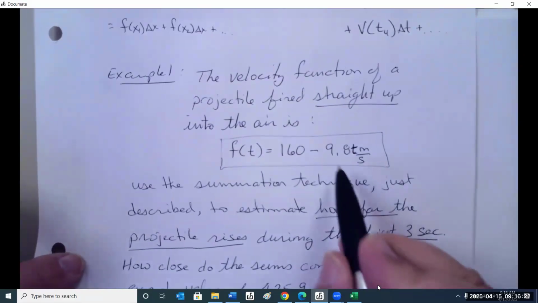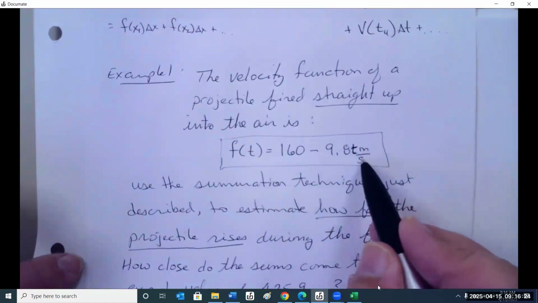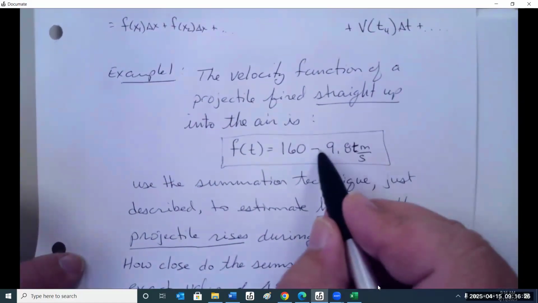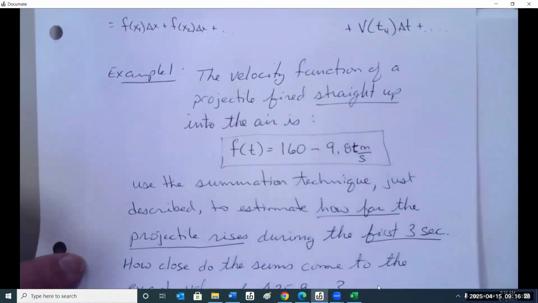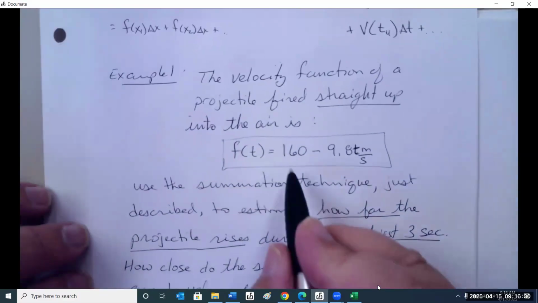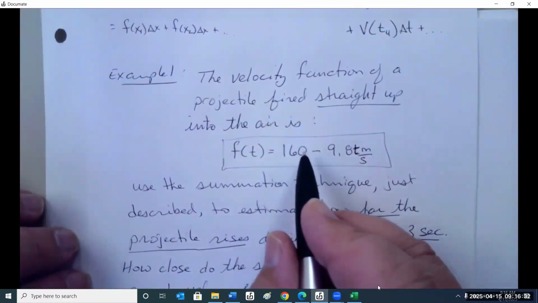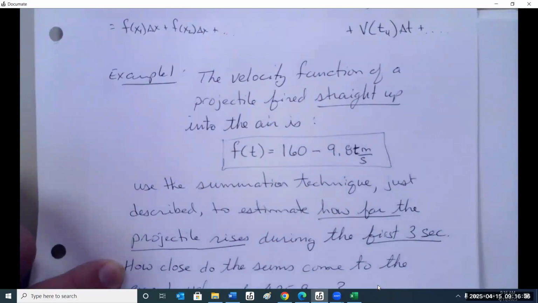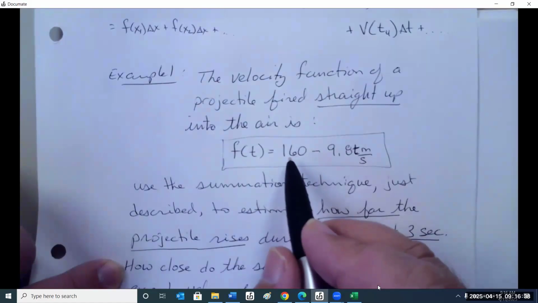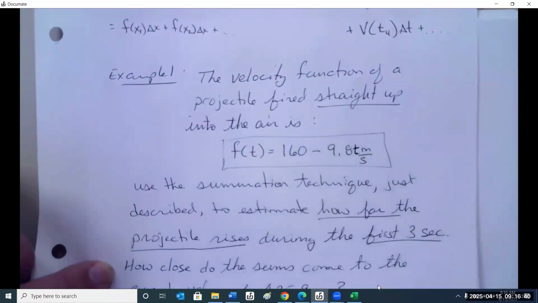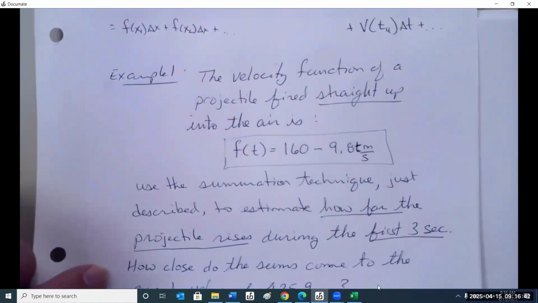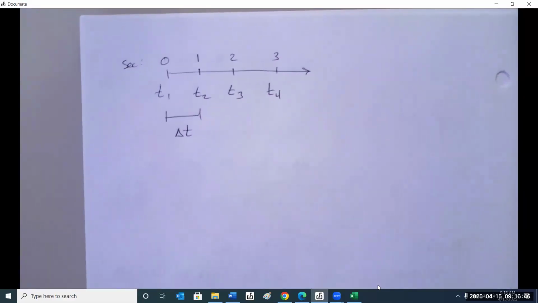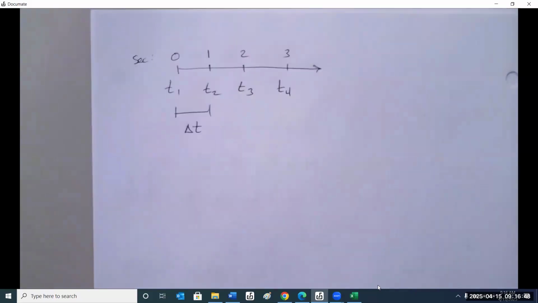Gravity. 9.8 is meters per second squared, gravity. It's negative because the force is always acting down. 160 represents the initial velocity of the object. At the moment it's fired, its velocity is 160 meters per second. So we have this.